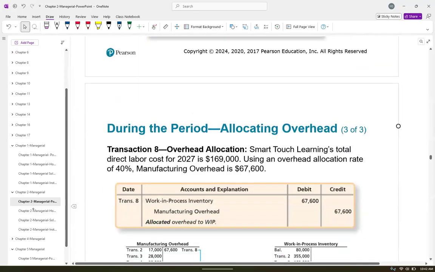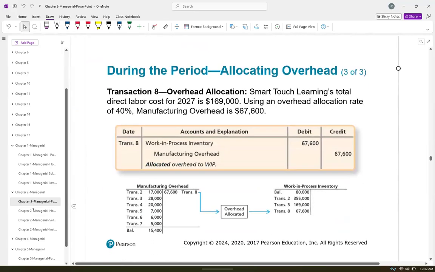All right. During the period, allocating overhead. So we've got a lot of stuff going on here now. So the journal entry, never mind. That's not what they're doing right here. Smart Touch Learning's total direct labor was 169. Using an overhead allocation rate of 40%, they want us to allocate it. This is that other problem.